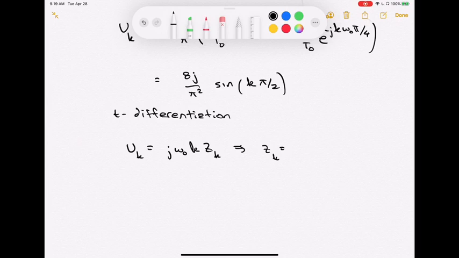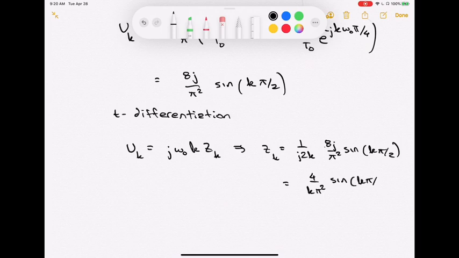Zk is going to be, well, omega naught was 2, so I'm going to get a 1 over j2k, right, times my other function, which was an 8 by j pi squared sine k pi by 2. So if I clean that up just a little bit, the j's cancel. The 2 will go up into the 8 and leave me with just 4. And so I'm going to get something like a 4 by k pi squared sine k pi by 2. That gives me my z.